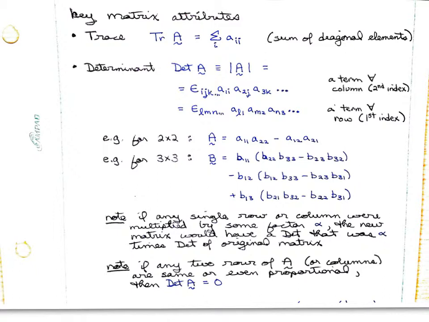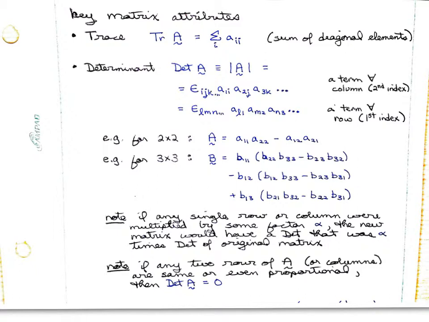Because if two columns were the same, then when you permuted them, the epsilon would tell you the answer should be off by a minus sign. But if the two columns were identical, the answer couldn't have changed at all, and that contradiction could only be resolved by having the determinant be 0.